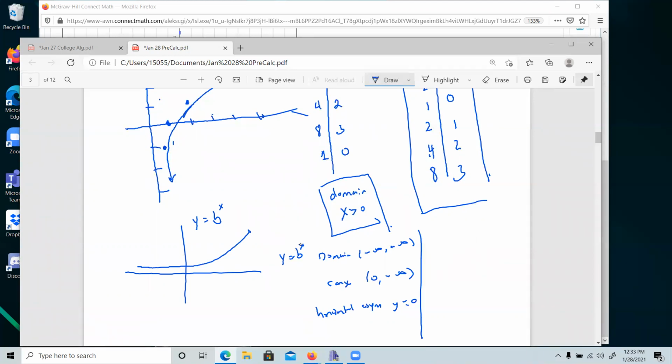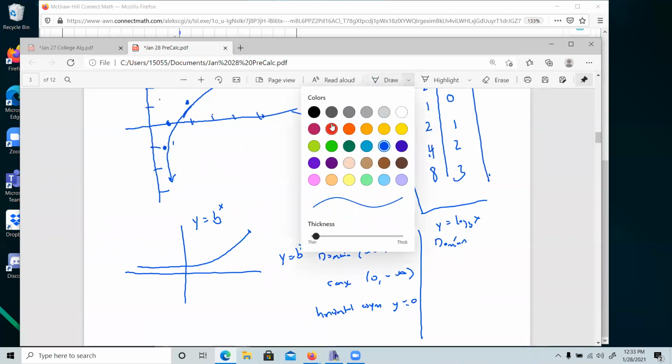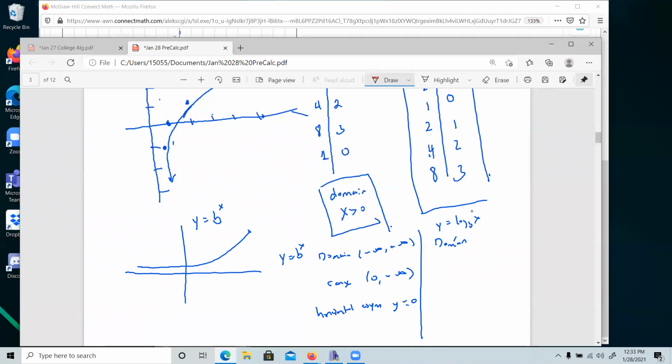Well, logarithms are an inverse function. So do you remember what happens with the domain and range in the inverse function? The domain is, right, is this guy here. So here's my domain. 0 to infinity. That's a comma. It's not a negative.